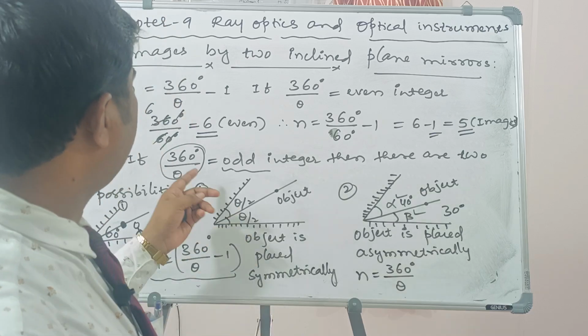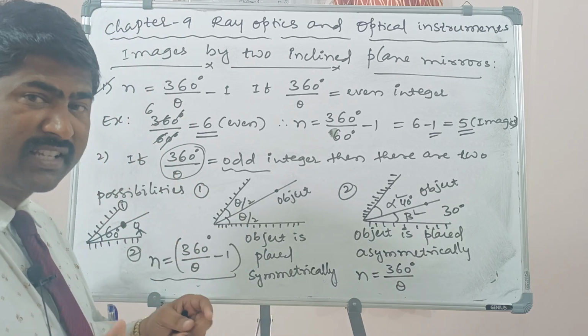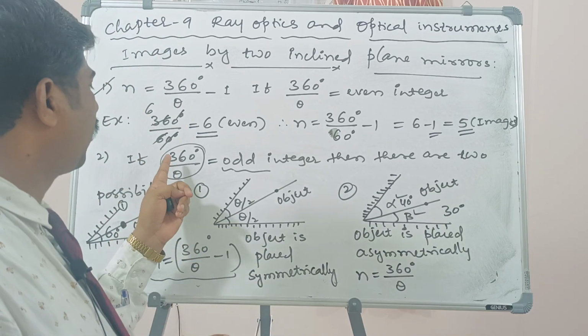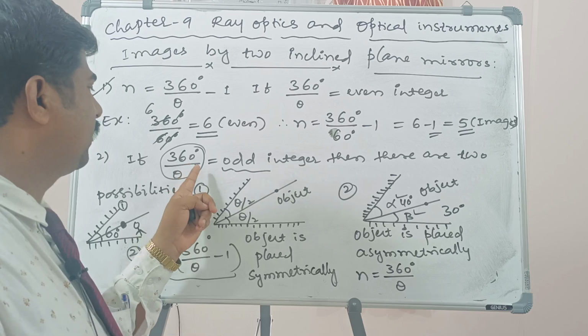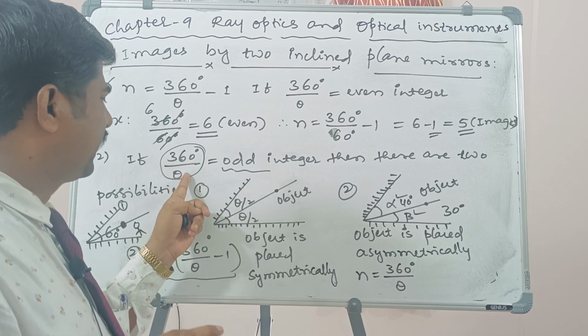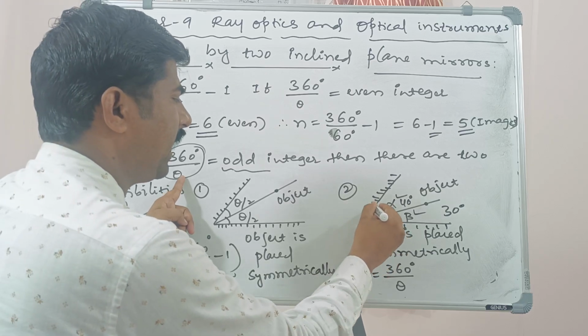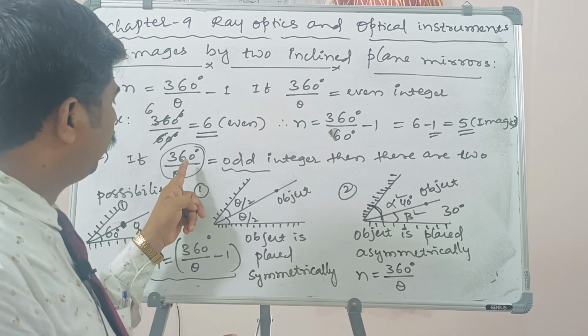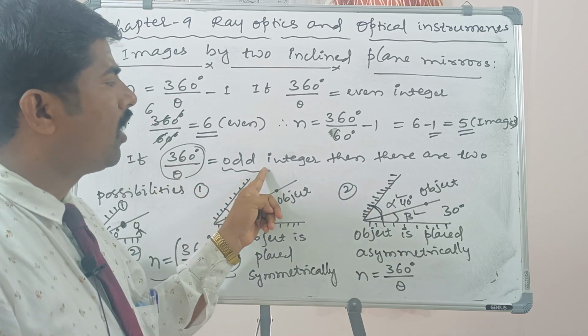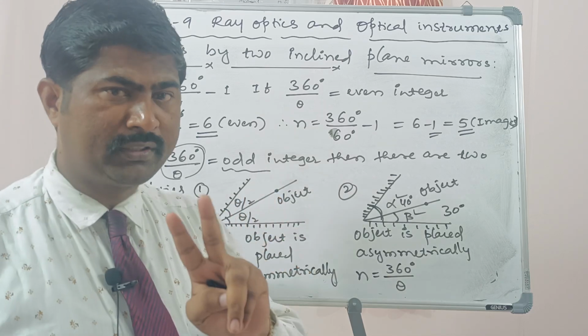So I am discussing two important cases: when you divide 360 degrees by theta, where theta may be any value, and theta is the angle between the two mirrors. If you divide that and get an odd integer, there are two possibilities.